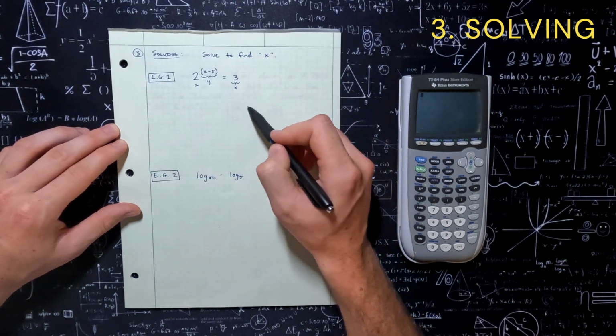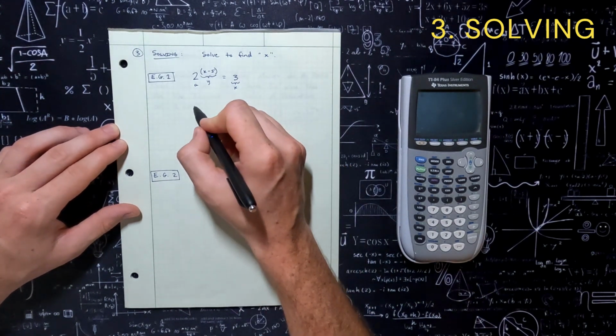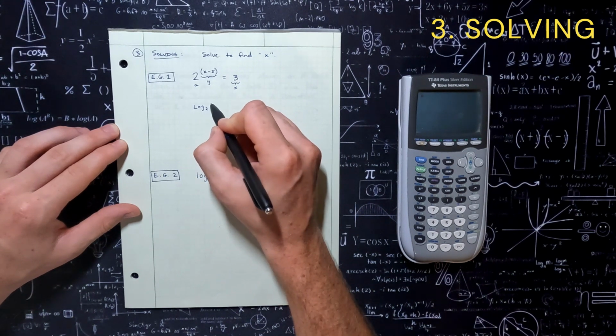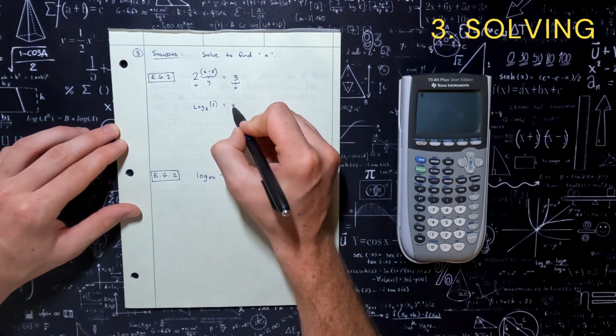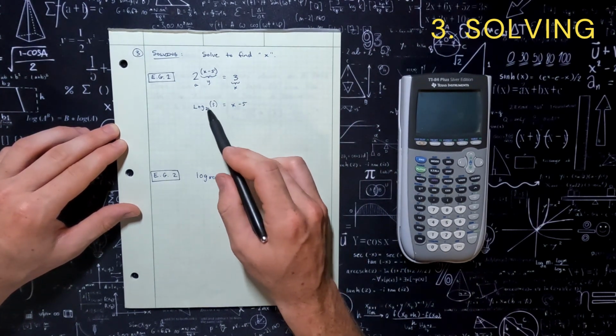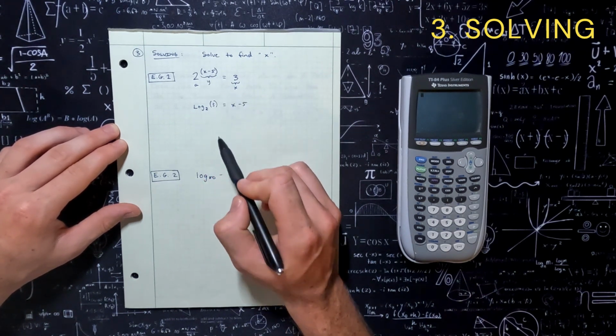That's what we were saying to ourselves in our brain. So let's rewrite this really quick. We can rewrite this as log base 2 of 3 equals x minus 5. That's our y, right? So now we rewrote this to 2 raised to the x minus 5, that's what we have up here, equals 3, okay?